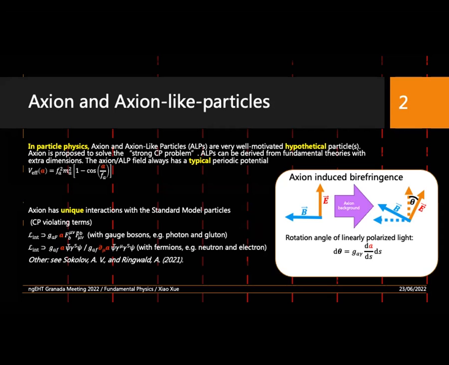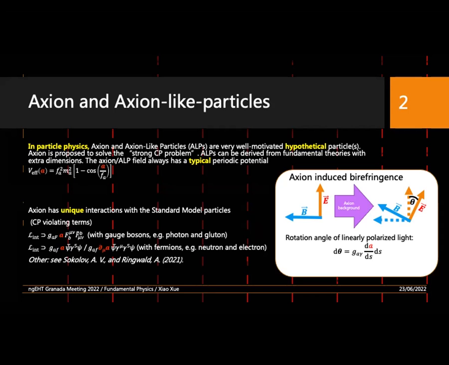So what is suggested by the first interaction, the interaction with bosons, the interaction with photons, is that there can exist an axion-induced birefringence signal.